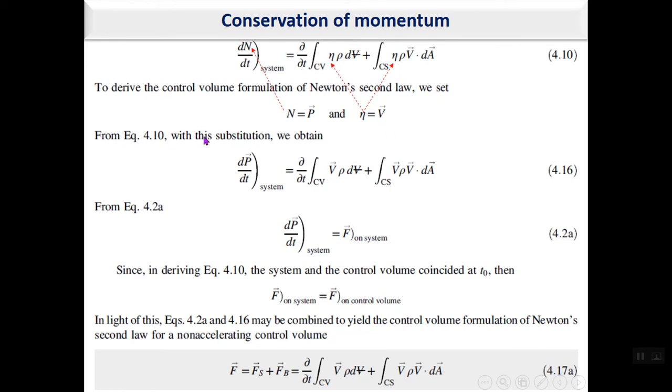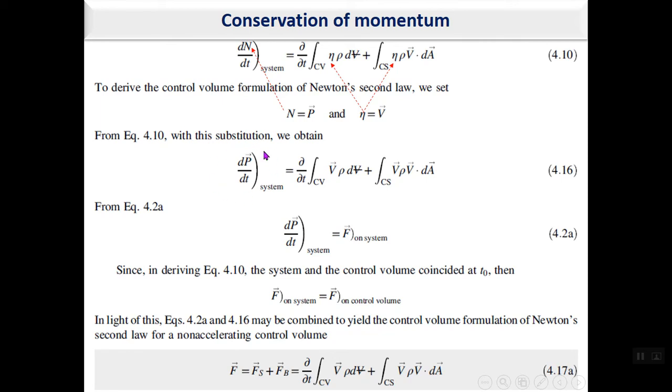With this substitution, we will have this equation, and as d of mV over dt is equal to the force on the system, you may substitute force here instead of this item.